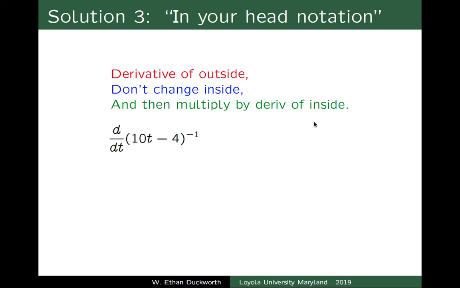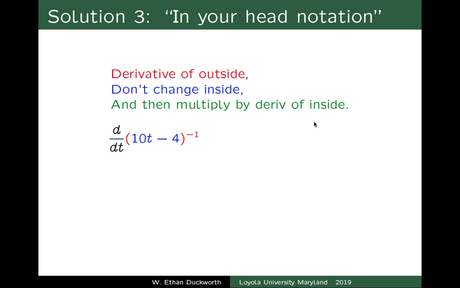Maybe an easier way to see it is to think about the power of negative 1, which after all I need to do for the power rule too. So if I rewrite that as (10t minus 4) to the negative 1, then the outside part is the parentheses to the negative 1, and the inside part is 10t minus 4.